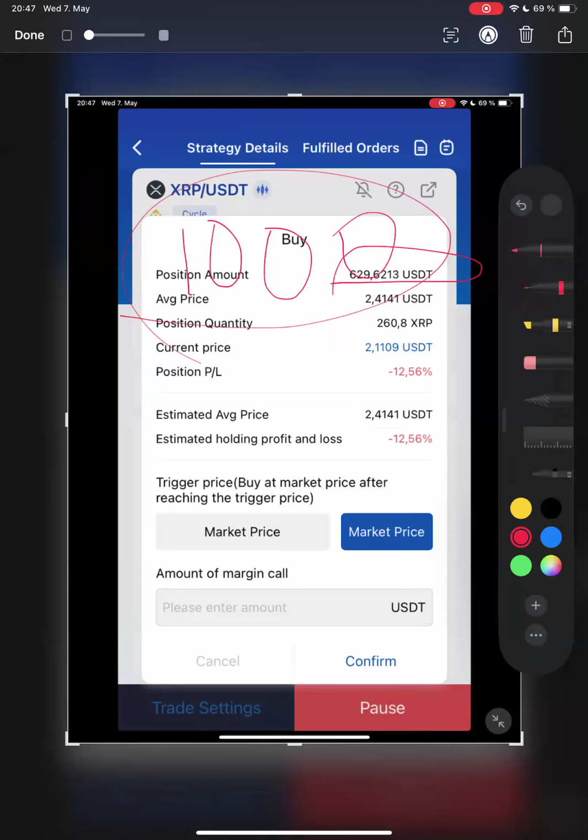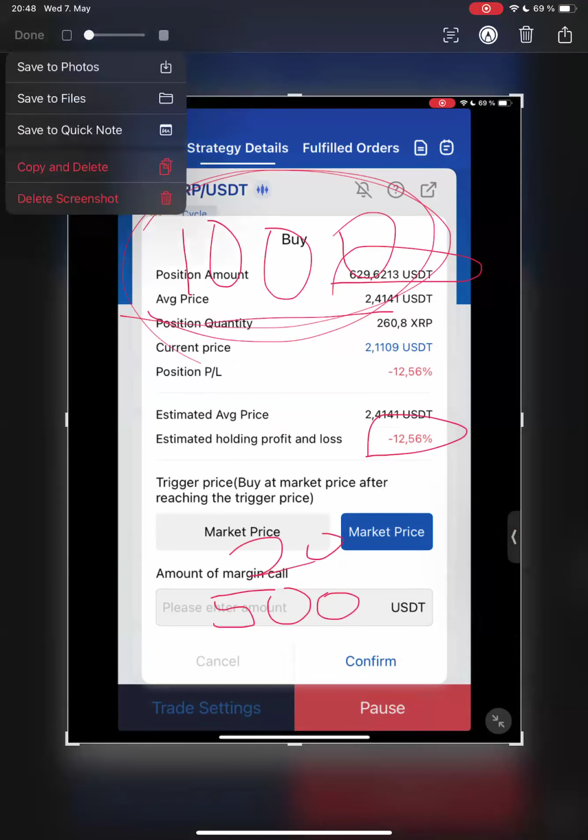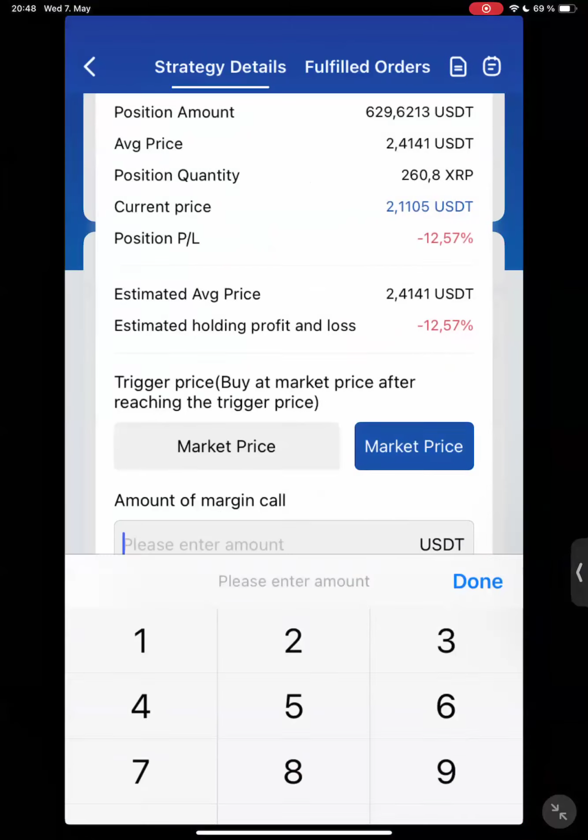So I've prepared $1,000 for it. And I'm already on negative 12. Instead of using all the 1,000 for margin calls or for increasing my first buying amount, I would decide to first buy 500 or 200 or 300. Then the remaining will be for opening of more margin calls.